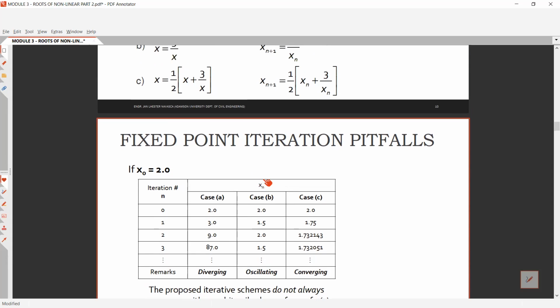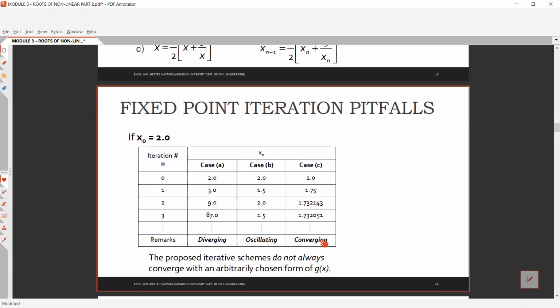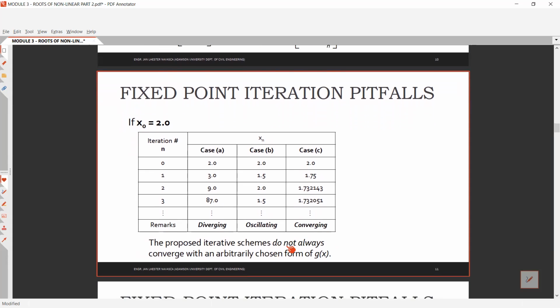For case C, the third case, this one is the right iteration scheme because the values are converging to a number. So the proposed iterative schemes do not always converge with an arbitrarily chosen g of x. This is the hard part in fixed point iteration.